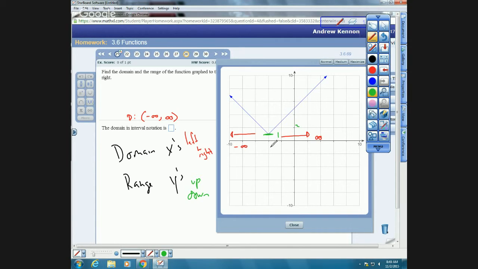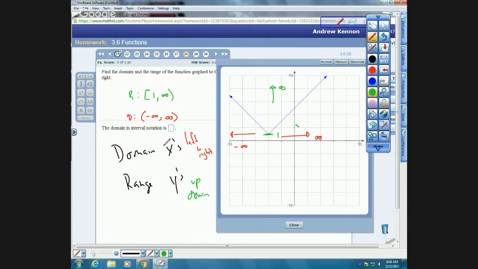How far high does it go? It keeps going up and up forever, so it goes to infinity. So my range is from 1 to infinity. Why did I use a bracket here? Because the bracket means equal to, so it does equal 1, and it goes forever up.